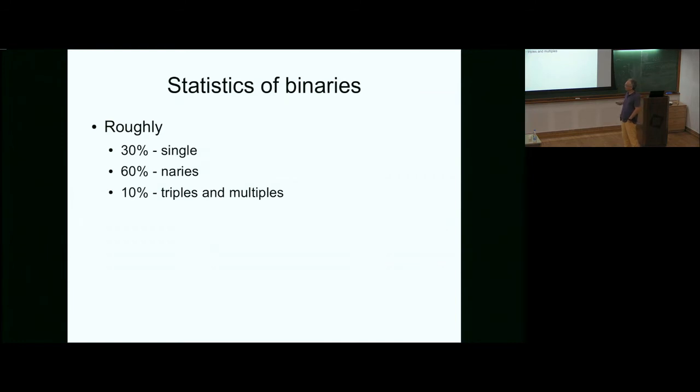You will see later on that all the binaries with periods of less than 5 to 10 years will undergo some mass transfers in their history. So for quite a large fraction of this 60% of the binaries, the mass transfers are inevitable, and they will certainly happen.